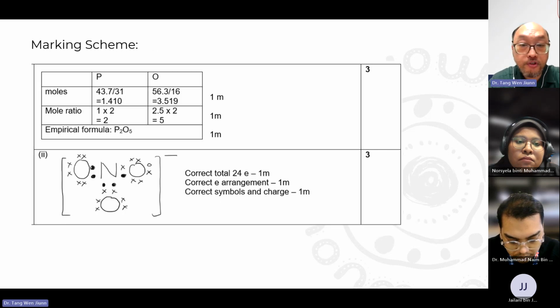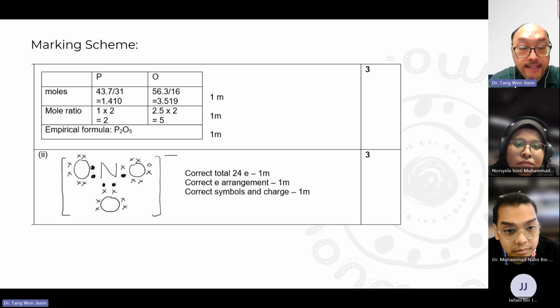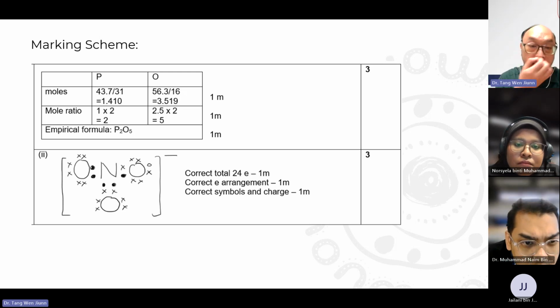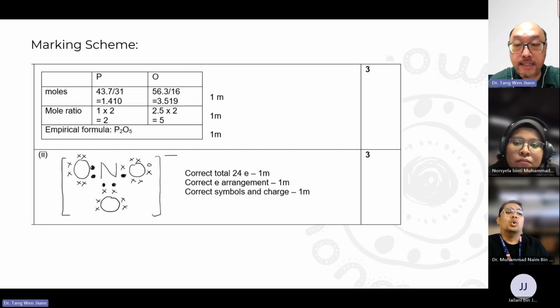With a marking scheme, you just need to have your answers and which part will give the marks. If you have alternatives, then you provide the alternatives in your marking scheme, like this example. It's very straightforward.